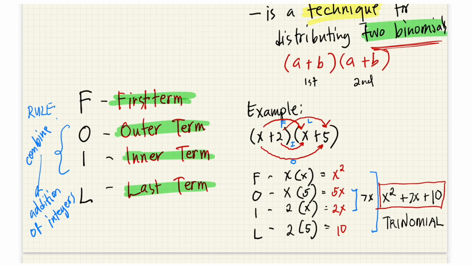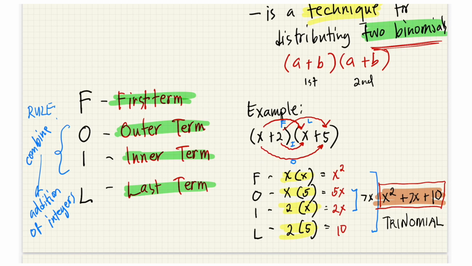And then we just simply distribute inside the parentheses and we apply FOIL. And when we find the product of this, it gives us a final answer, which is a trinomial. This is what the FOIL method is all about.